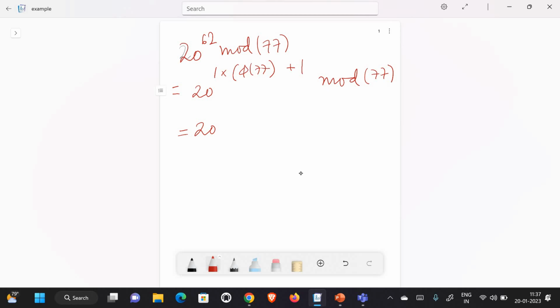Plus 2 means? No, that's what. Here there should be a 20 mod 77 as well. We will arrange it in this way, right? I'll write it this way only.